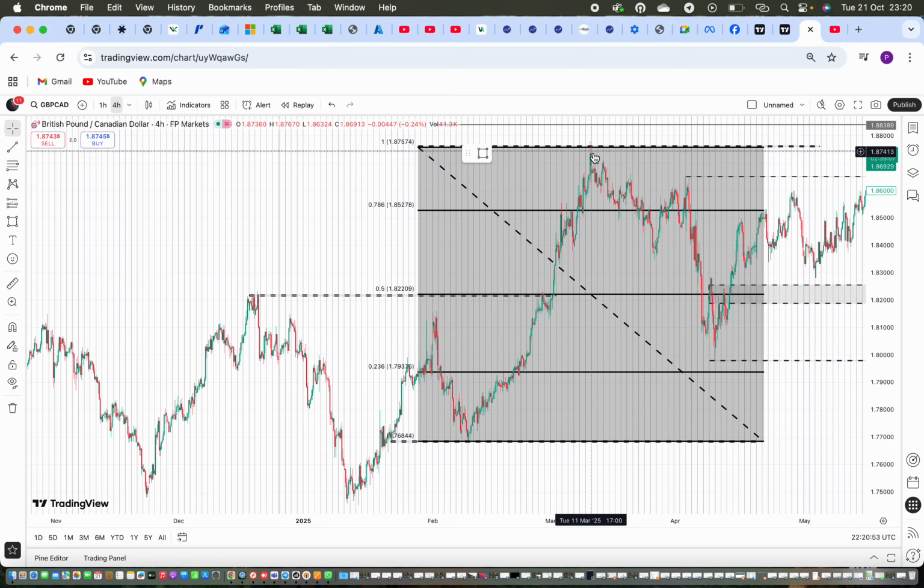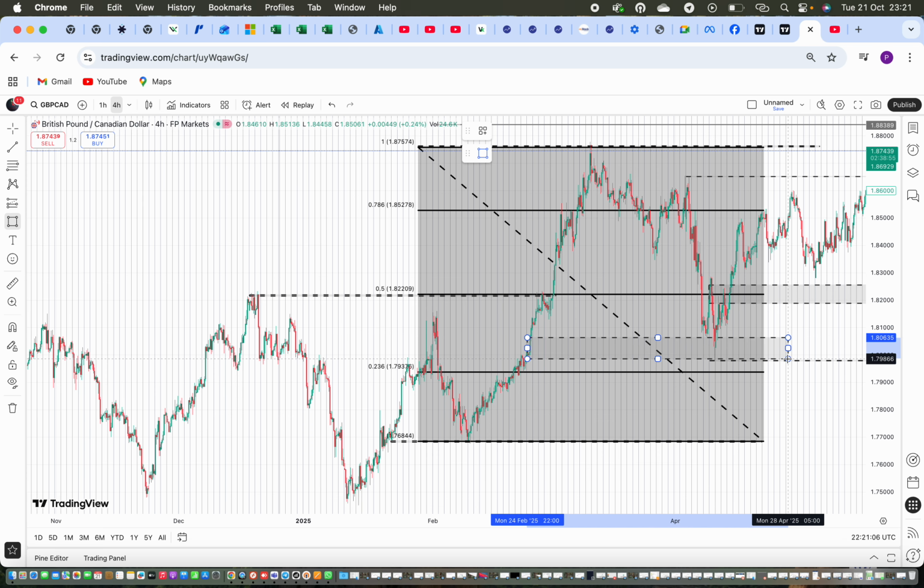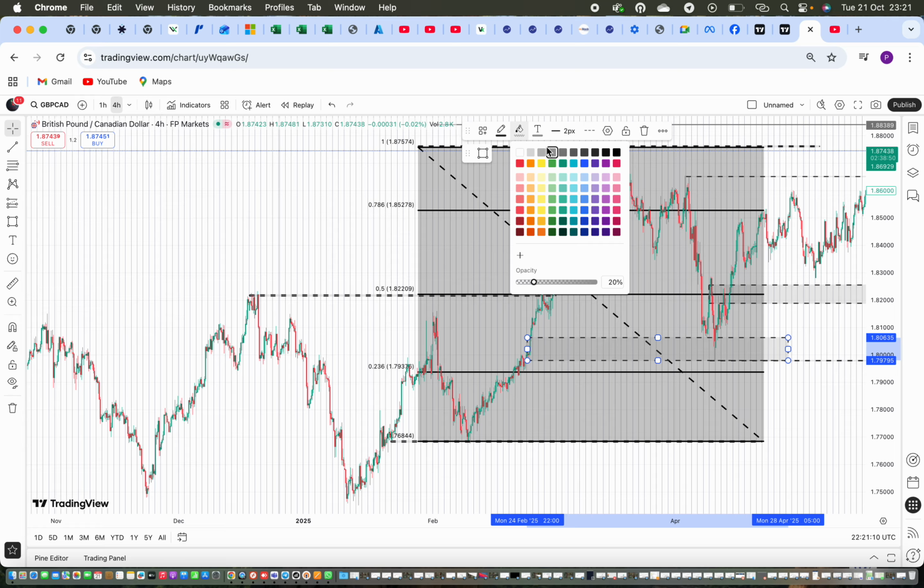Now notice how price pull back, and where do price pull back into? Below the 50% to almost 30, like I told you guys. So if I should look at where price react from, this is where price react from.